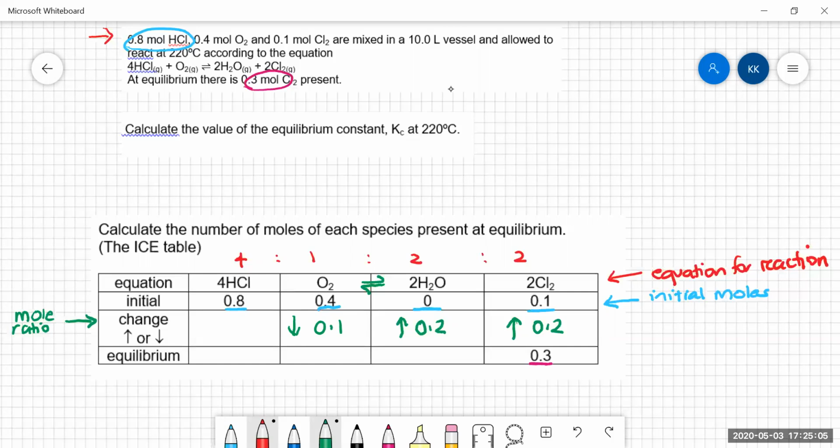And HCl, the mole ratio between HCl and chlorine is 4:2 or 2:1. So you'll get twice as much change in the HCl as you will in the chlorine, which is 0.4. And you will have that going down because it's on the other side of the equation.